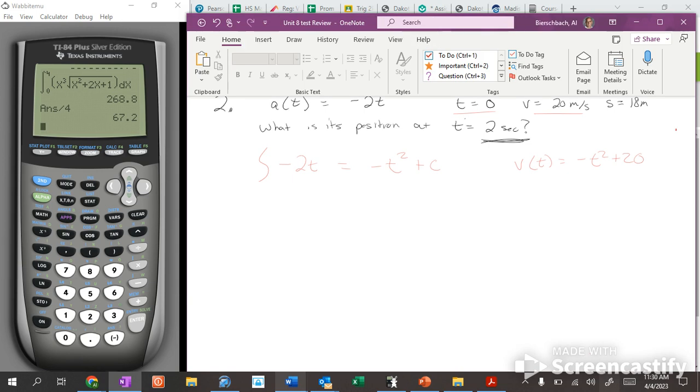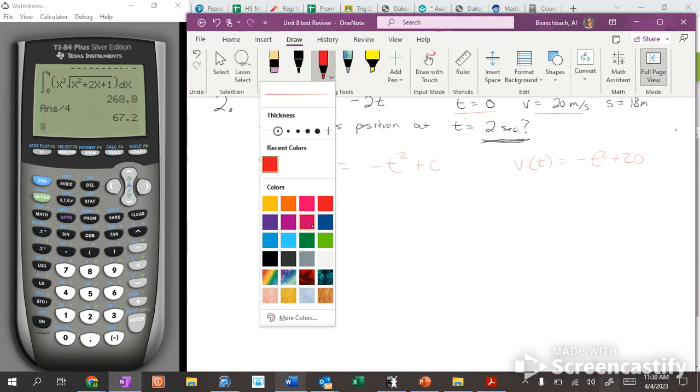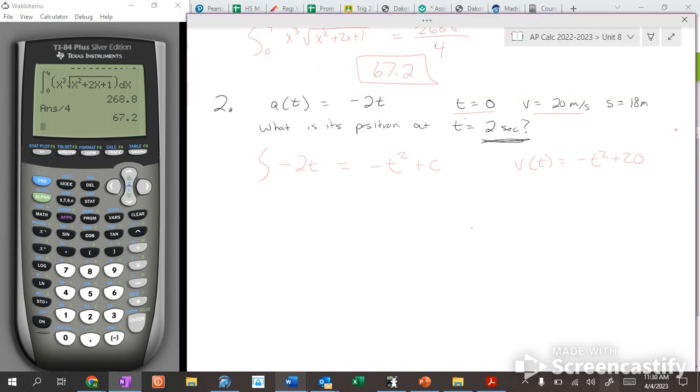I'm going to change this, make it a little bit fatter. Okay. So then we're going to integrate negative t squared plus 20. And what are we going to get? Negative 1/3 t cubed plus 20t plus c.